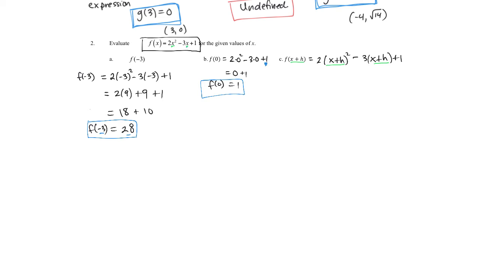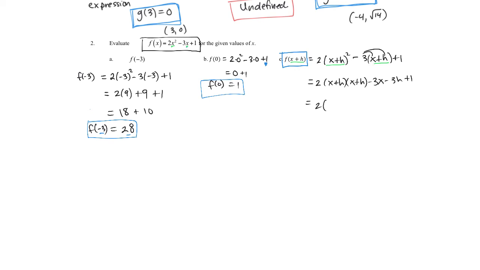Now, remember, we don't have an equation. It looks like it, but this is simply telling us what's being asked. And now on the right side of the equation, I'm showing the work here. So I need to show that I'm going to actually square x plus h. And then distributing that 3, we would get negative 3x minus 3h plus 1.